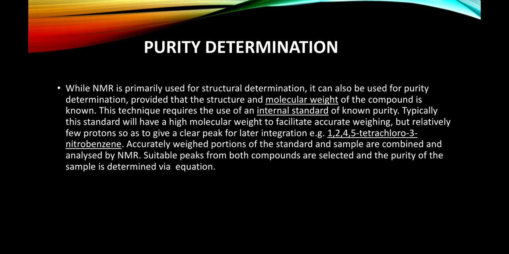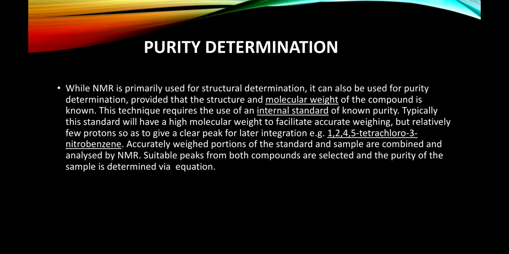Next, we are going to see how NMR is used in the field of purity determination. While NMR is primarily used for structural determination, it can also be used for purity determination, provided that the structure and molecular weight of the compound is known. This technique requires the use of an internal standard of known purity.